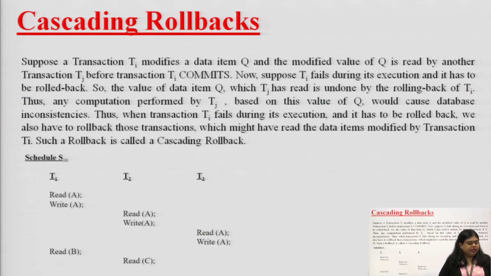Thus, a computation by Tj based on the value of Q would cause database inconsistency. So when transaction Ti fails and has to be rolled back, we also have to roll back those transactions which might have read the data item modified by Ti. Such a rollback is called a cascading rollback.